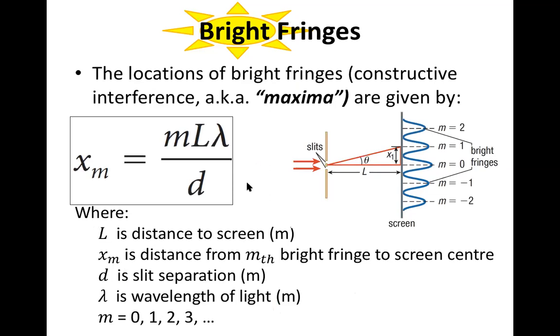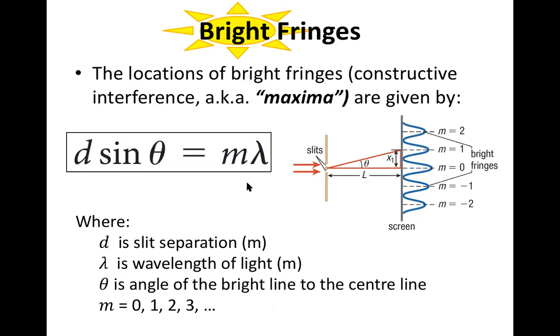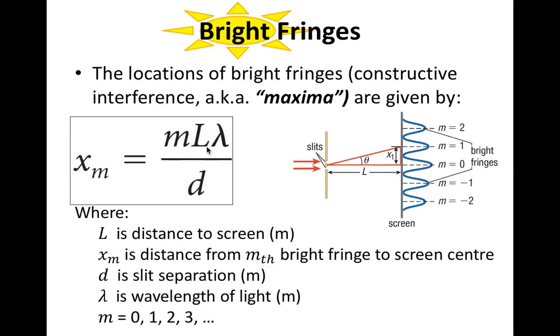And then depending on what we're given, we might not have theta, so we might need a different way to write that equation. We might have the distance from the mth bright fringe to the screen center, and we might have the distance to the screen.